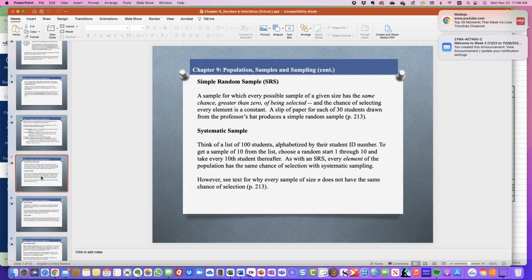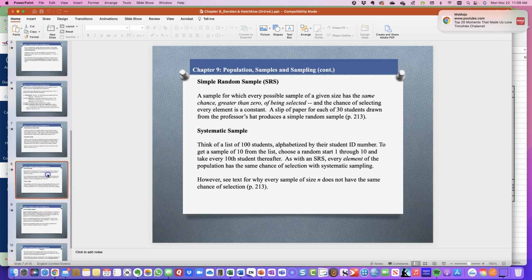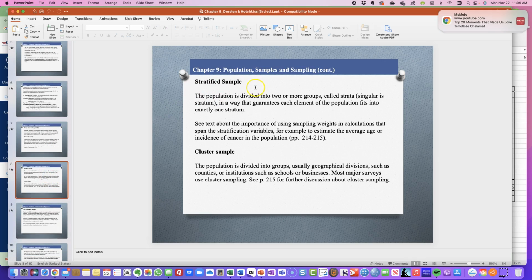And then we talked about different types of sampling. So in these different types of sampling, you're going to select one type of sampling and describe it, and then give us an illustrative example of it. So you have several options to choose from. You can describe simple random sampling. You can describe systematic sampling. You can describe a stratified sample.